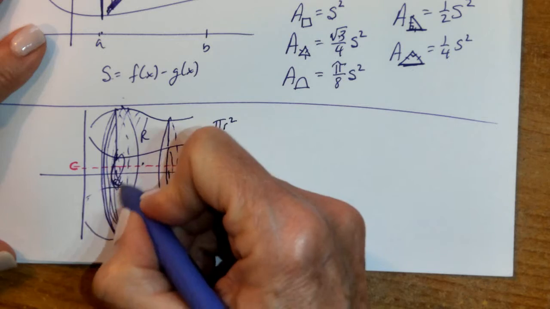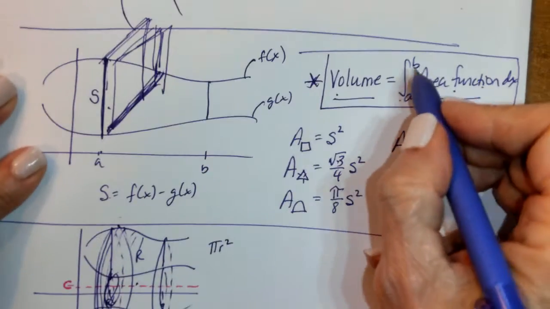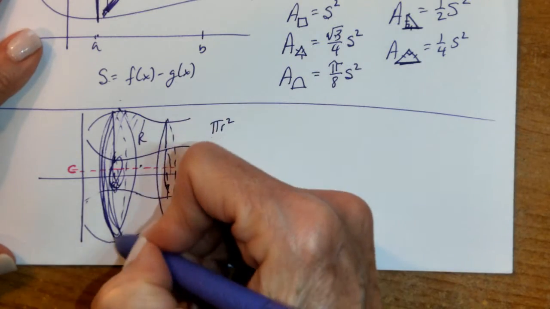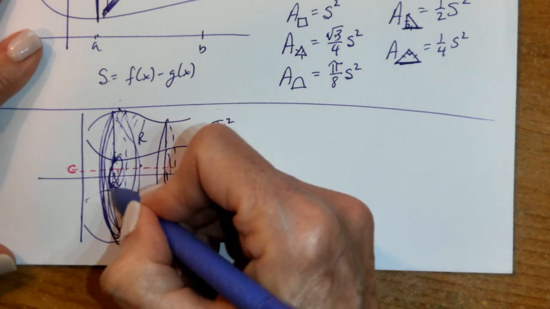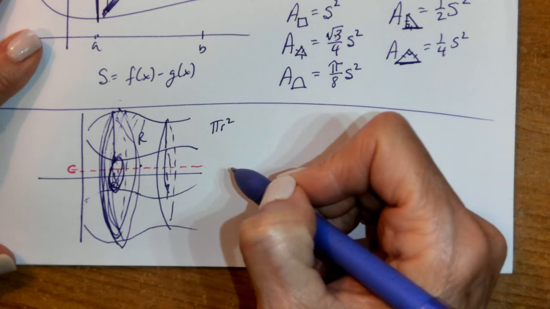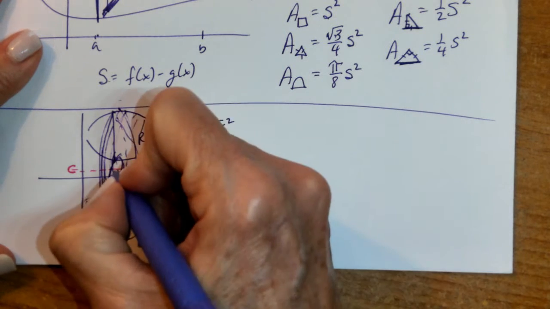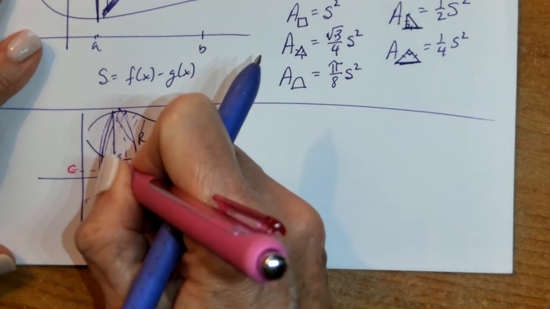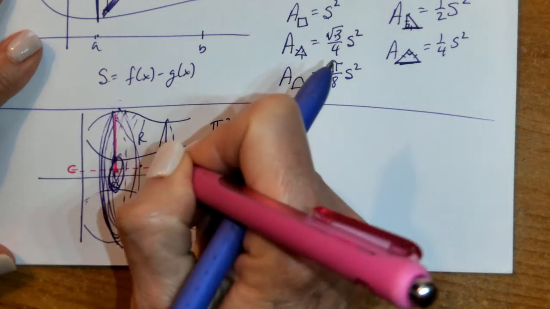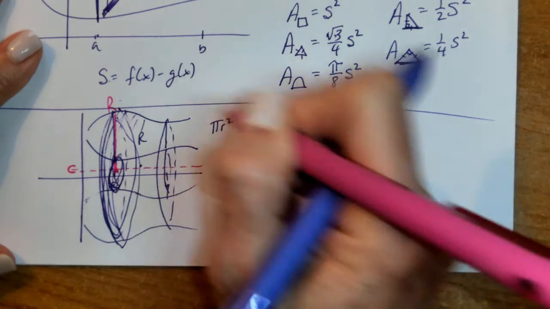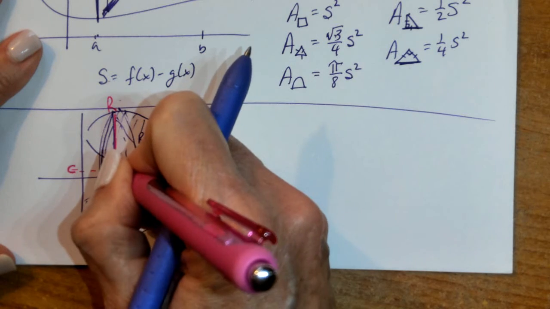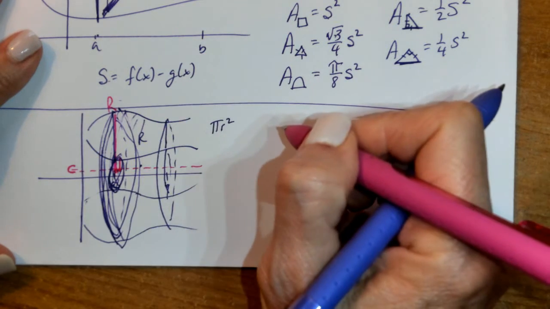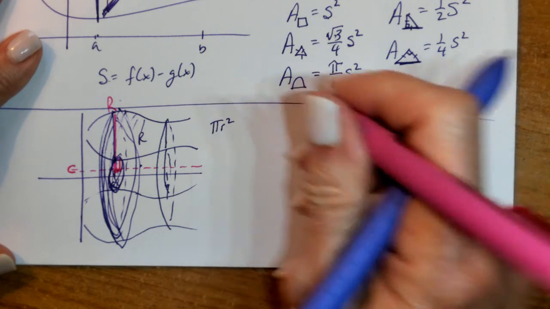So for each area here, we're going to have a big circle minus a little circle. We called that big circle area pi times big R squared, and we called the little circle's area pi times little r squared. That's how we did it back then.